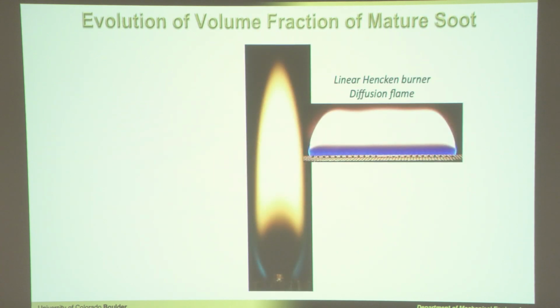Okay, so here's our flame, and I'm going to show you some results. It's what we call a linear Henken burner, which is a whole bunch of hypodermic needles sitting in a honeycomb. So they're really tiny little microjets of fuel, and then the honeycomb is where your co-flow of air is going, so you basically have little tiny diffusion flames.